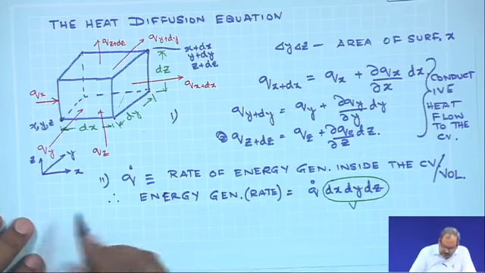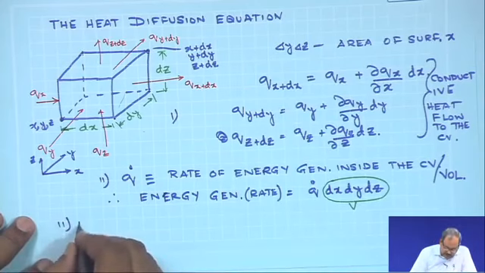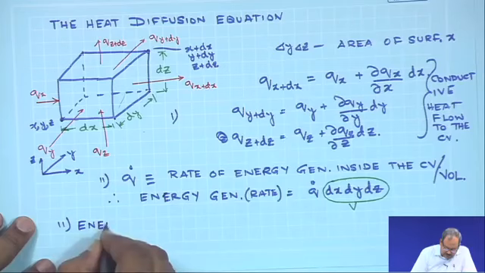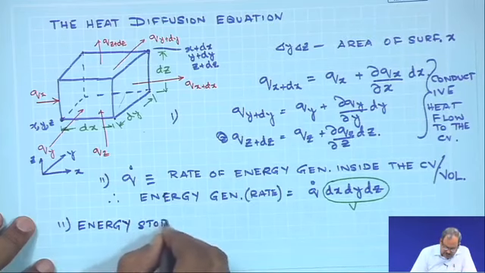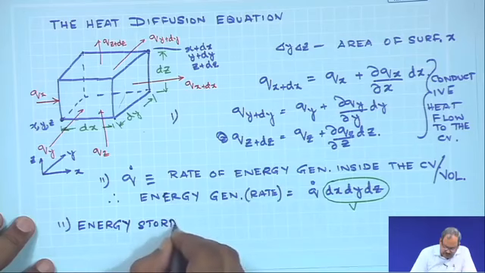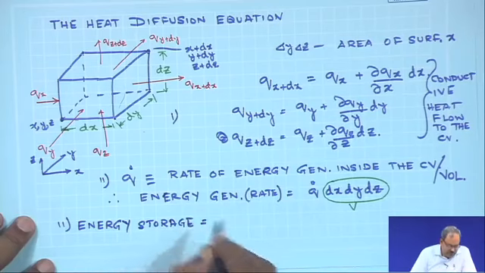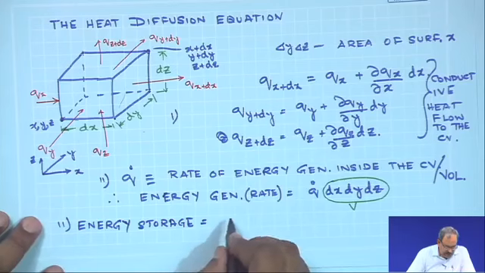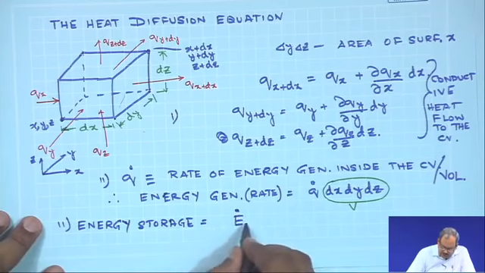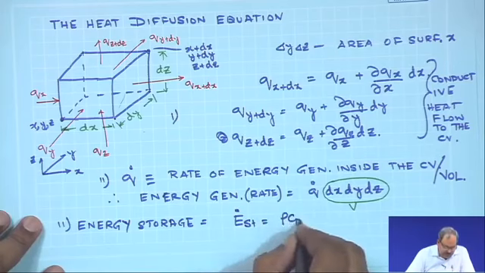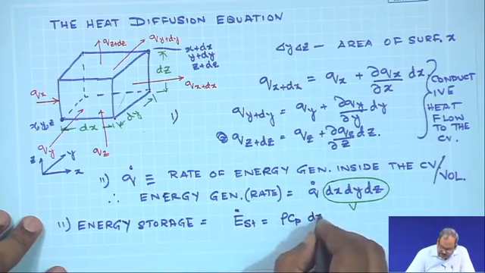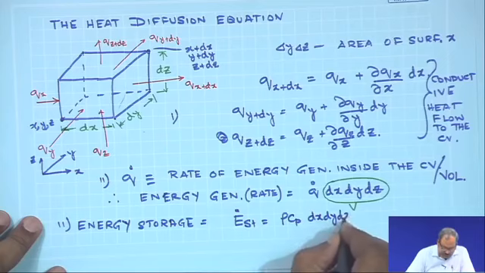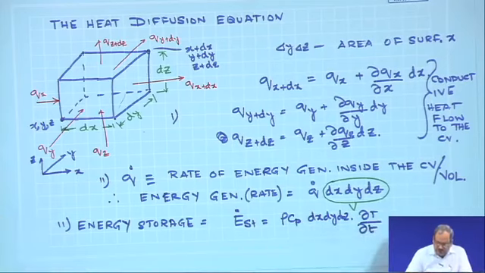And the last thing which remains is energy storage, and energy storage would simply be equal to E dot, the dot denotes the time rate, which would be rho Cp times dx dy dz multiplied by del T over del t.